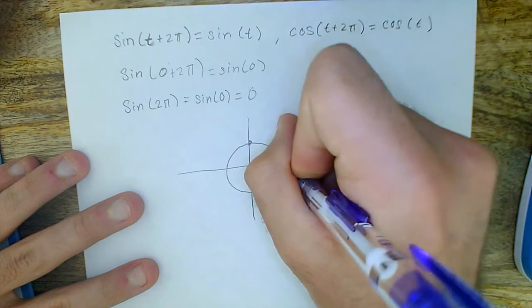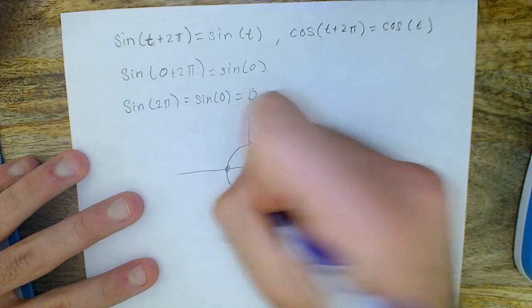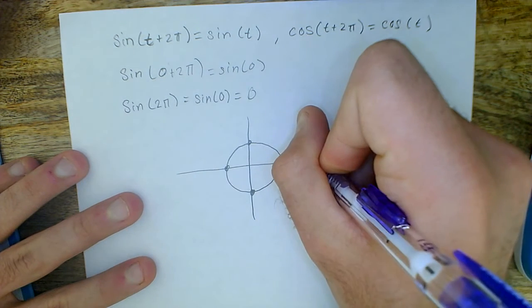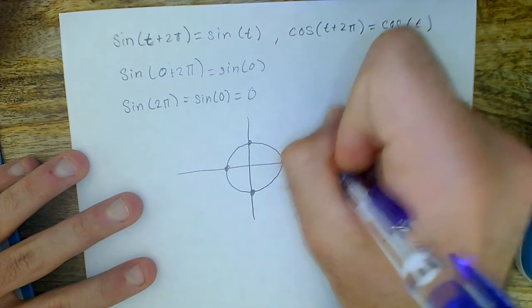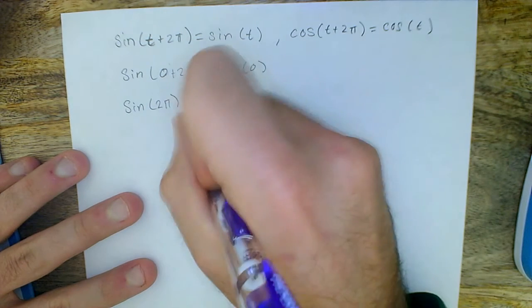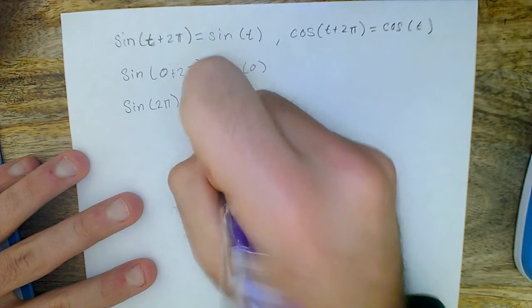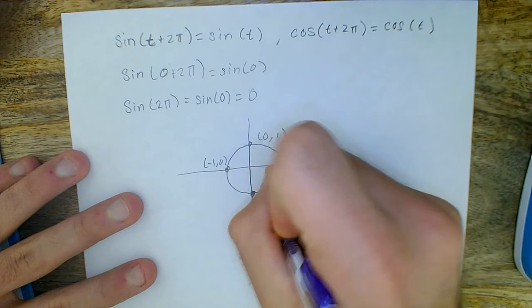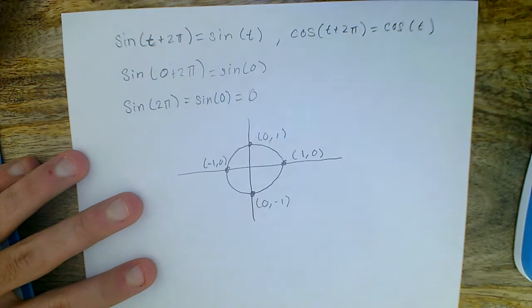So here, if we just look at these 4 points, remember this is 1, 0, 0, 1, negative 1, 0, and 0, negative 1.